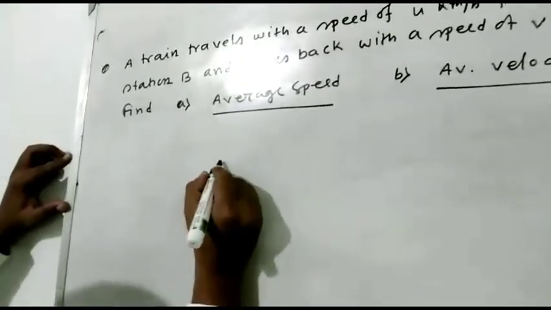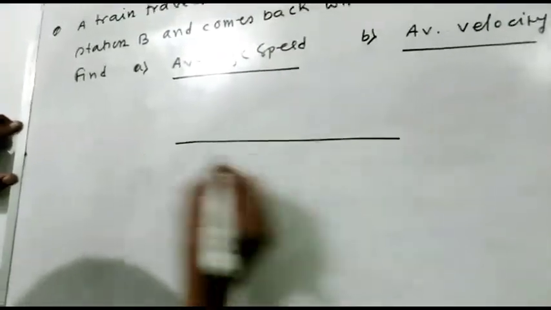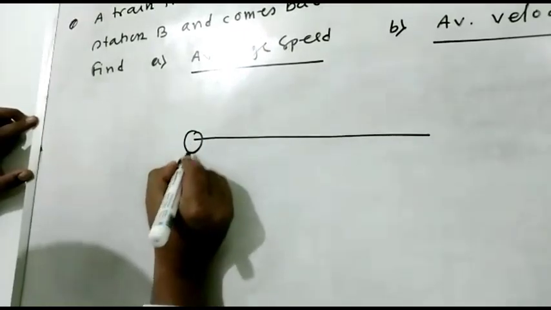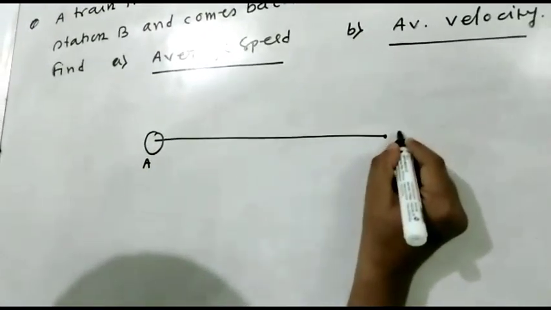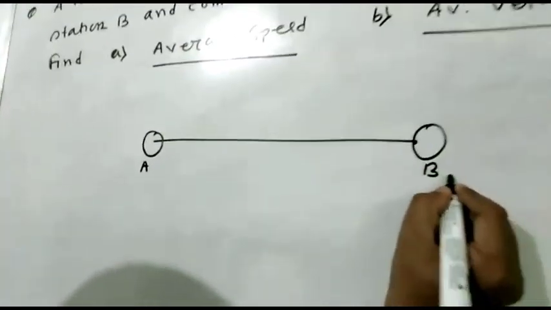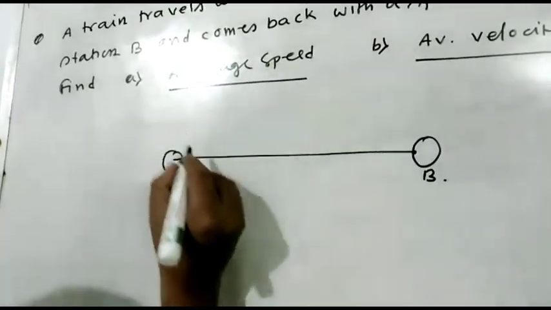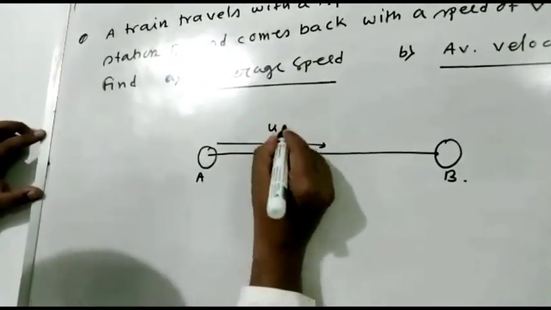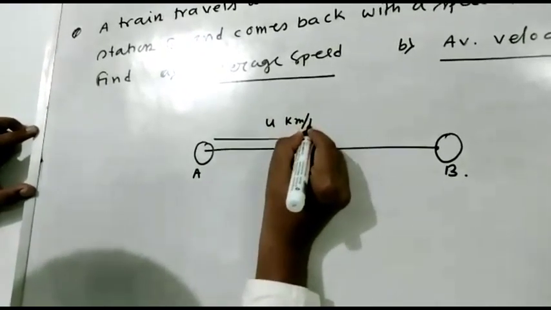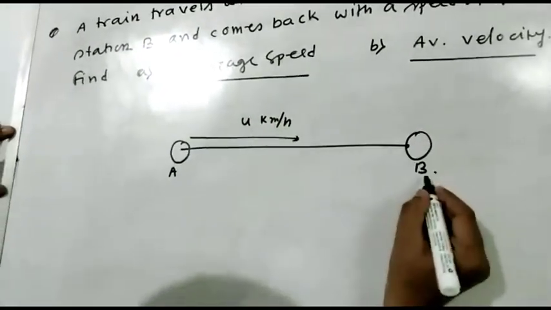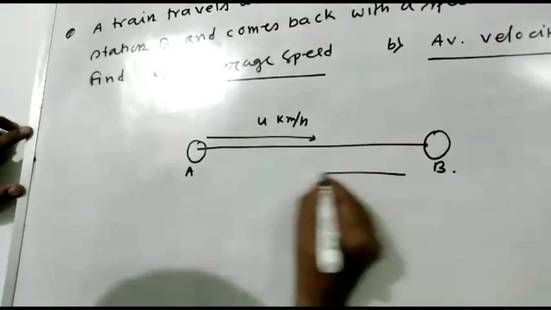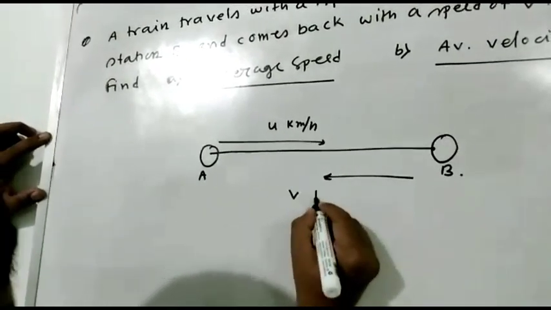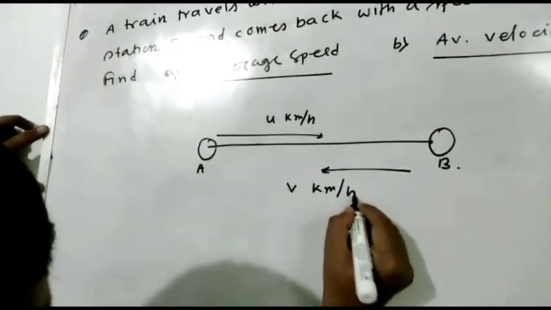So now students, we can first explain the numerical. Suppose this is the station A and this is the station B, and the train starts its journey from the station A with the speed u km per hour, and comes back to the same station, meaning B to A, with a speed v km per hour.